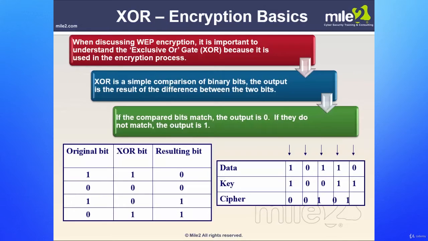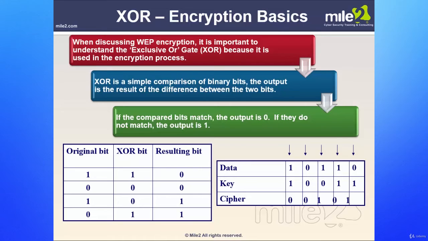Then we have what's called the XOR operation, which hopefully you've heard of before or not. But basically what you need to know about XORing is how it compares the two bits and what the output is. When discussing WEP encryption, it's important to understand the exclusive OR gate, or the XOR, because it's used in the encryption process. Very simple, it's a simple comparison of binary bits, and the output is the result of the difference between the two bits.